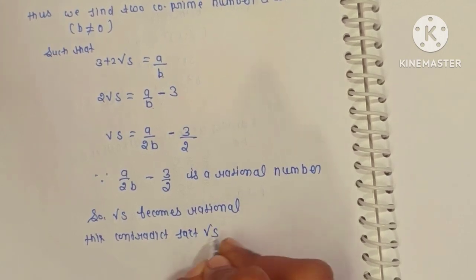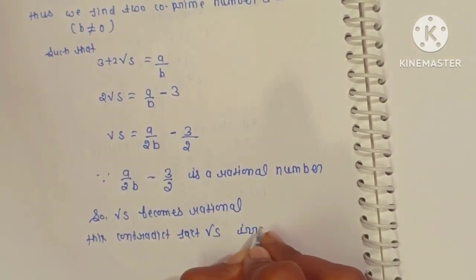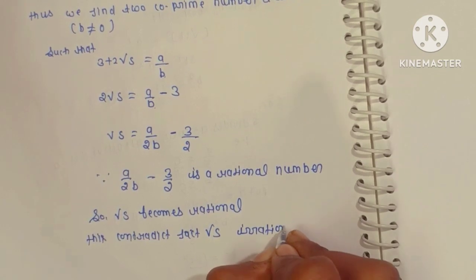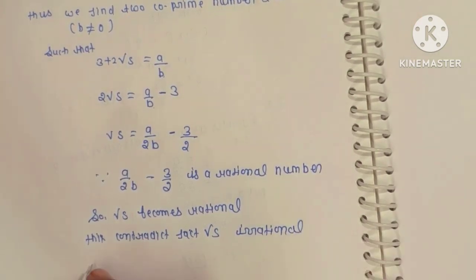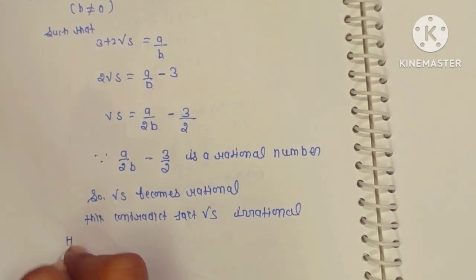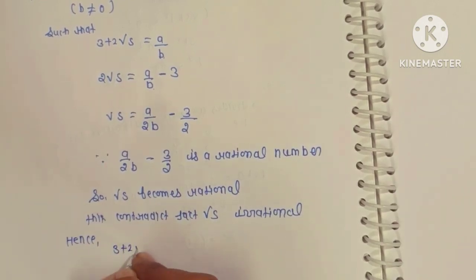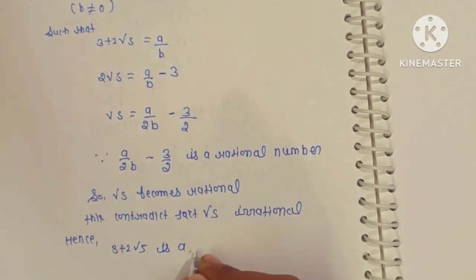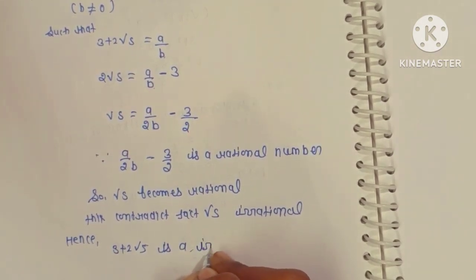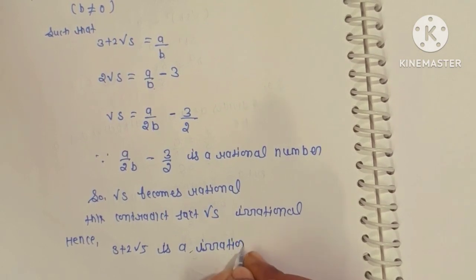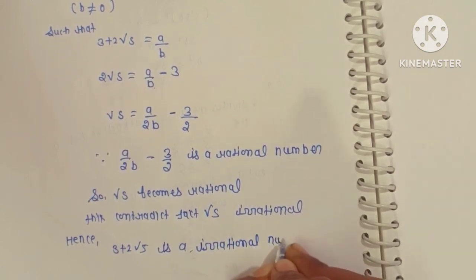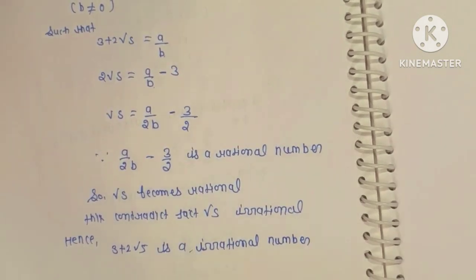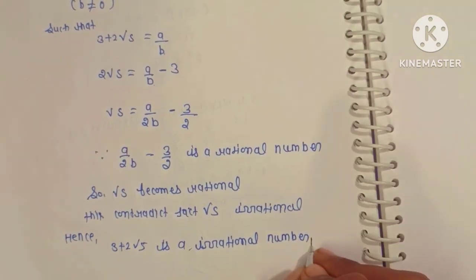Root 5 is irrational. Hence 3 plus 2 root 5 is an irrational number. Proved.